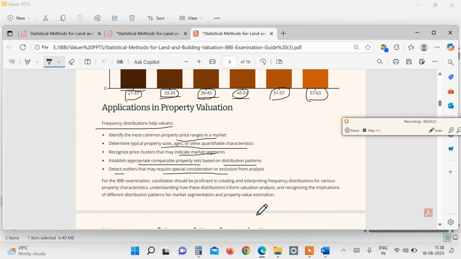So, as far as the IBBI examination is concerned, candidates should be proficient in creating and interpreting frequency distribution for various property characteristics, understanding how these distributions inform valuation analysis, and recognizing the implication of different distribution patterns for market segments and property value estimation.